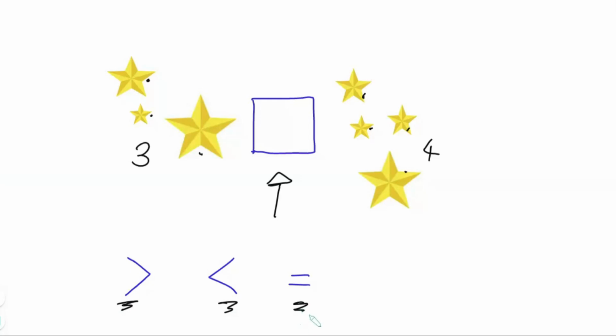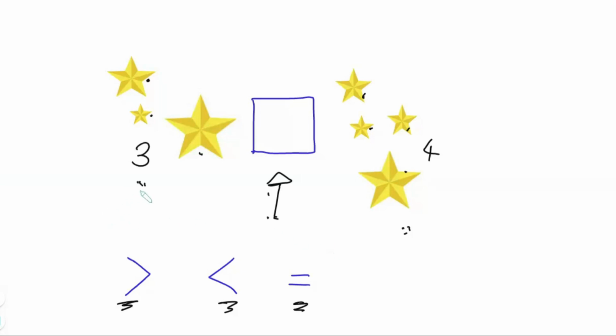Let's try some number sentences, shall we? 3 is more than 4. 3 is less than 4. 3 is equal to 4. Which one do you think might make the correct number sentence?